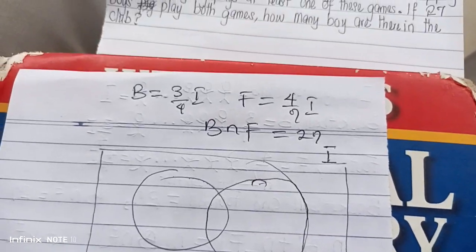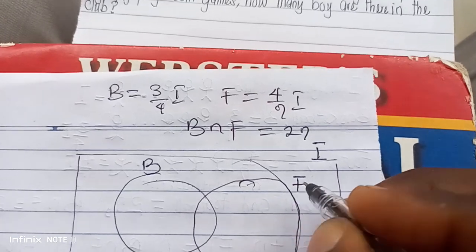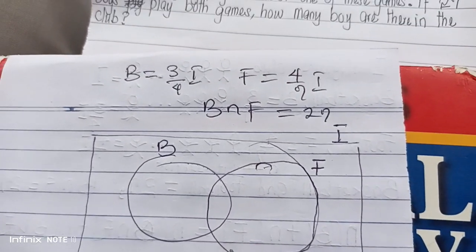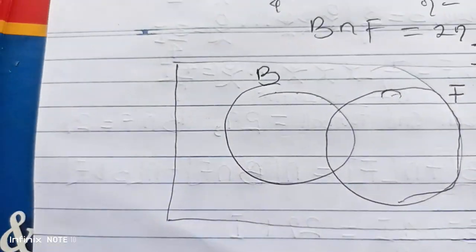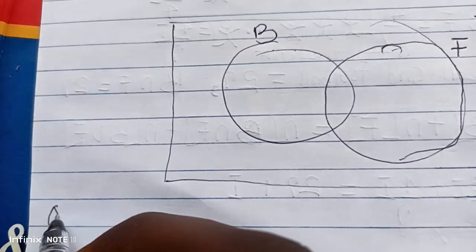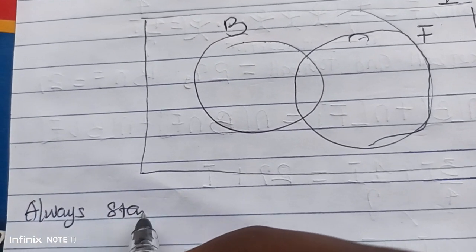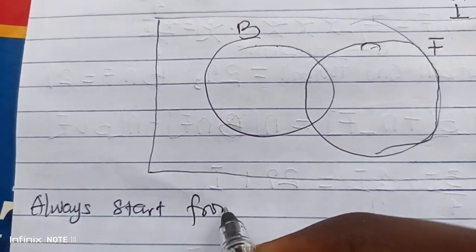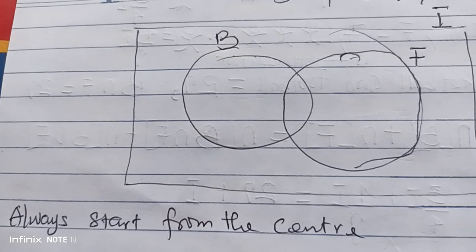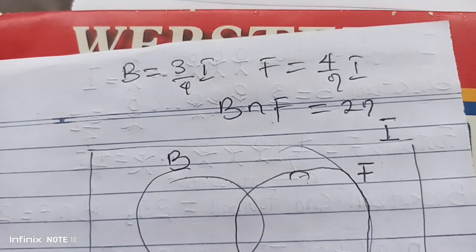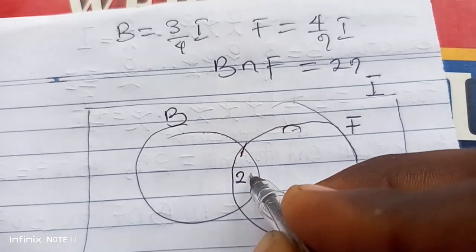Let's say this place represents your B and this place represents your F. Now let me tell you something: whenever you want to do this Venn diagram, always start from the center. So those people that played both games, this is the center, put 27 here.